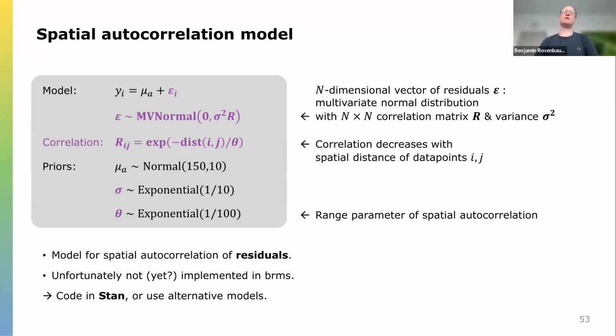So this can be very slow, especially if you have even a moderate amount of data points. With 200, 300, 400 data points, you will already feel the impact that the model fitting would be very slow. But there are alternatives. For instance, INLA is another program that does this very efficiently.